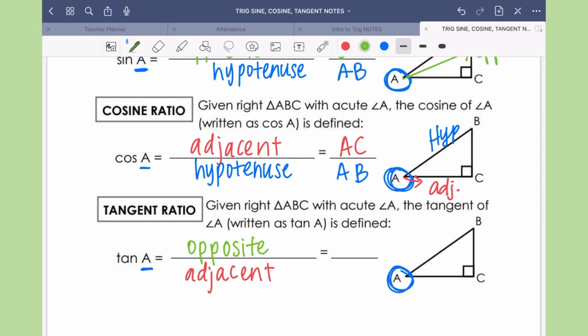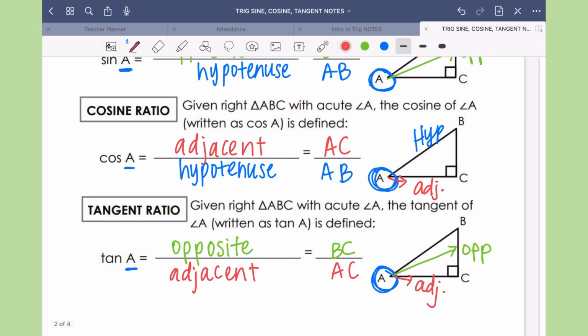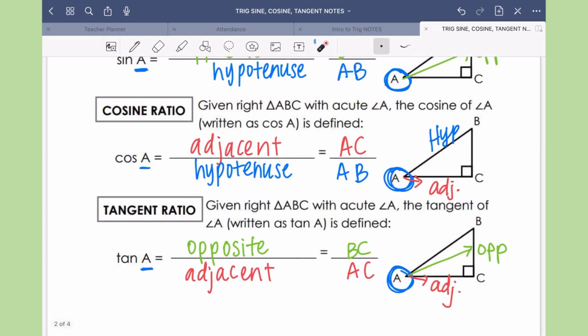So opposite is over here, and our adjacent is right here. Again, this cannot be adjacent because that's the hypotenuse. Then we set up our ratio. The opposite side is BC and adjacent is AC. Now, when we start adding numbers to these, we'll have lengths. Some of them will be missing, and we will write that instead of the name of the side.